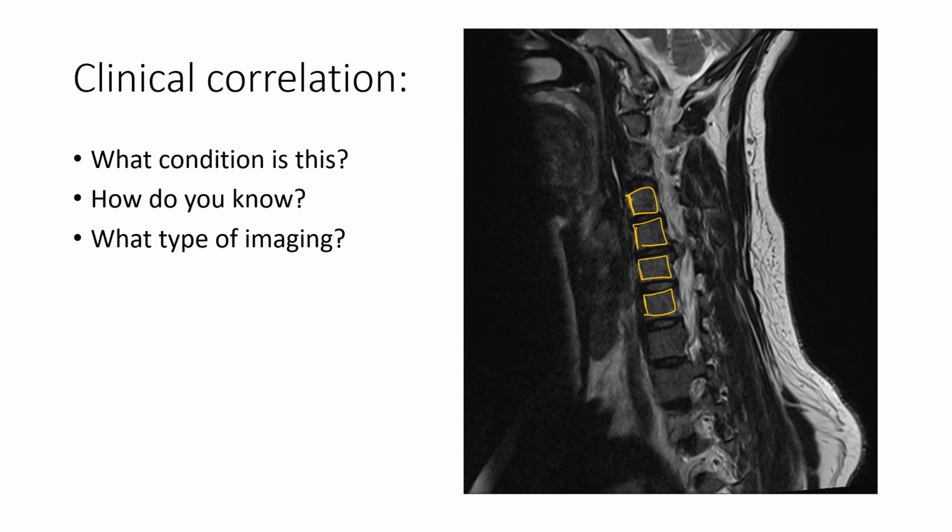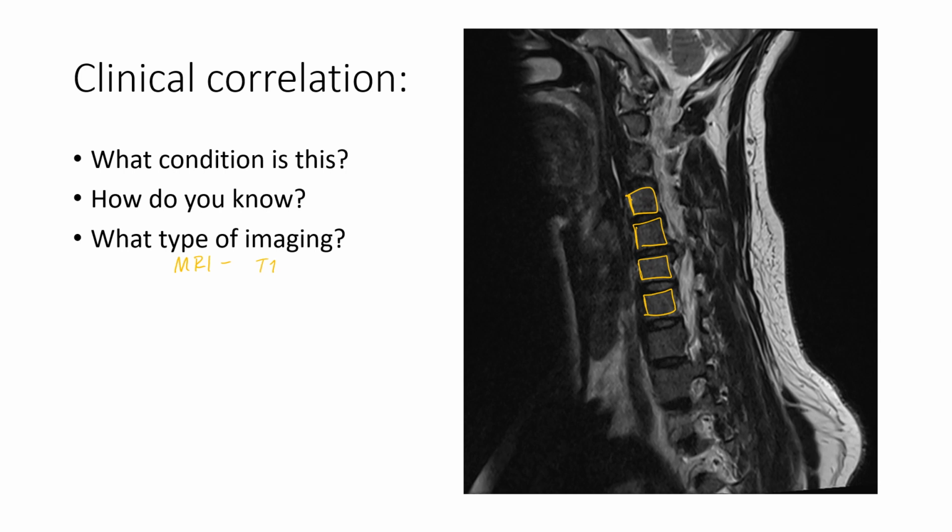Is this T1, T2, or STIR? It's going to be T1. Remember, in T1 fat is bright, right? In T2, fluids are bright. And in STIR imaging, fluids are still bright, but fat is suppressed. So if you can see any kind of fat, it's going to be T1.